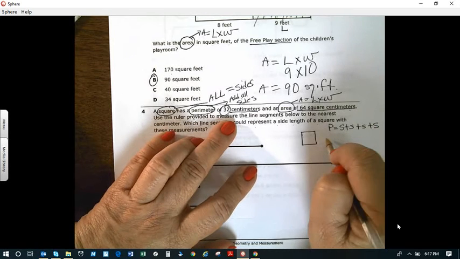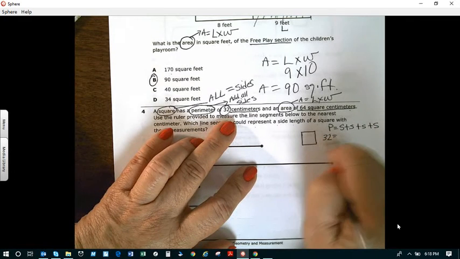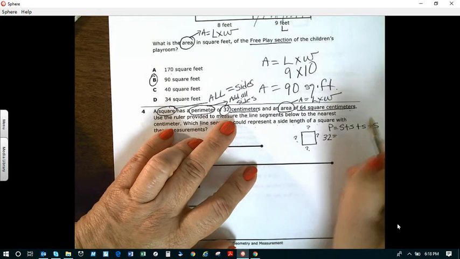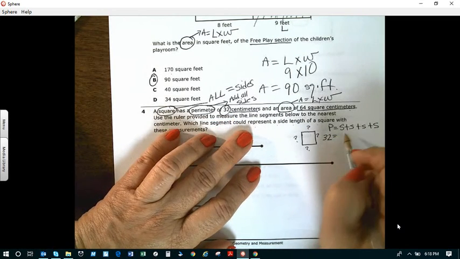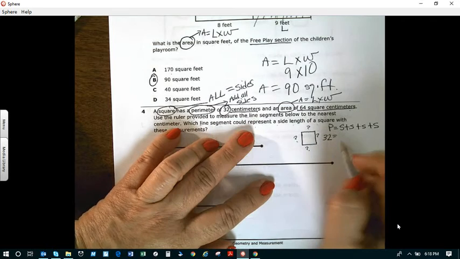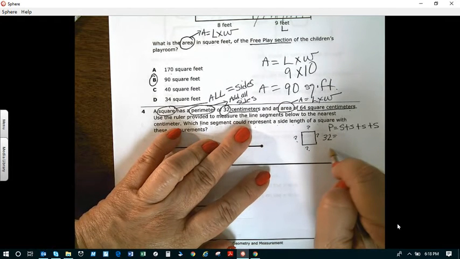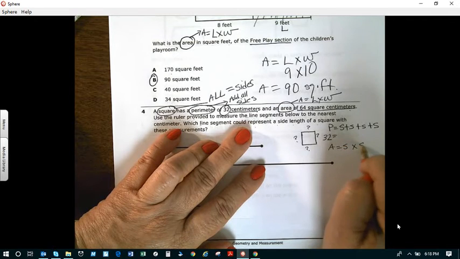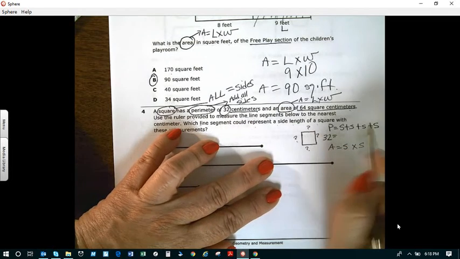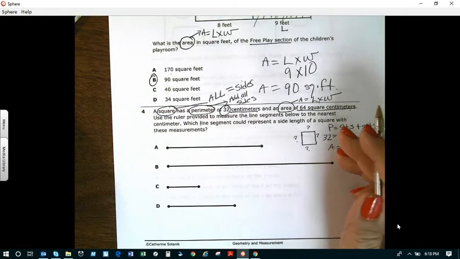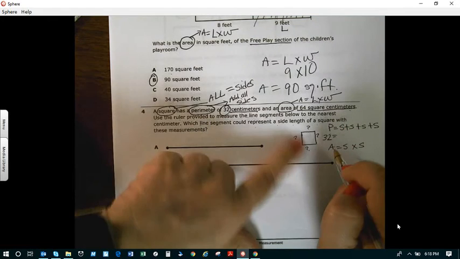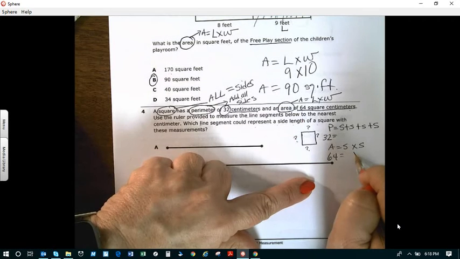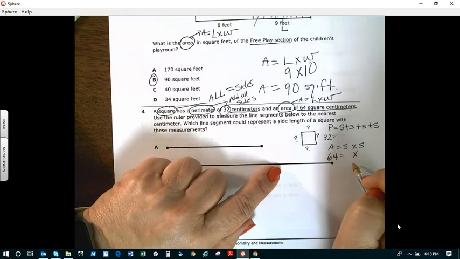And the perimeter is 32 equals what plus what plus what plus what. Okay, so that's what we're having to find out. We also know that the area is equal to side times side, because they're all going to be the same size. So if the area is 64, what times what equals 64?